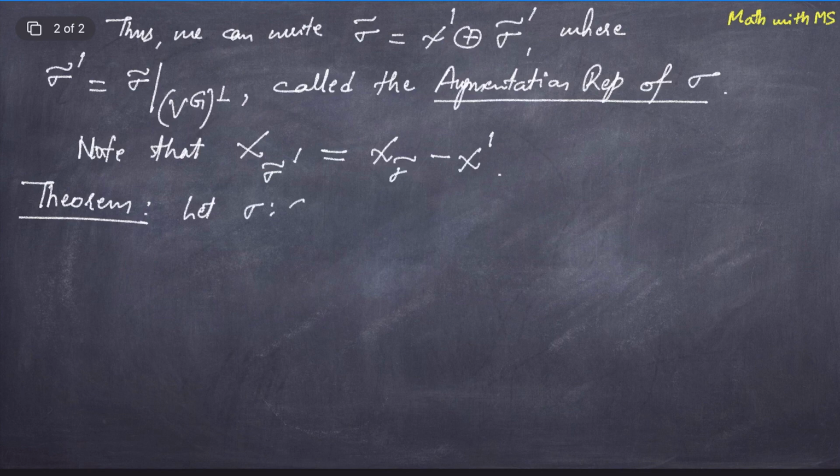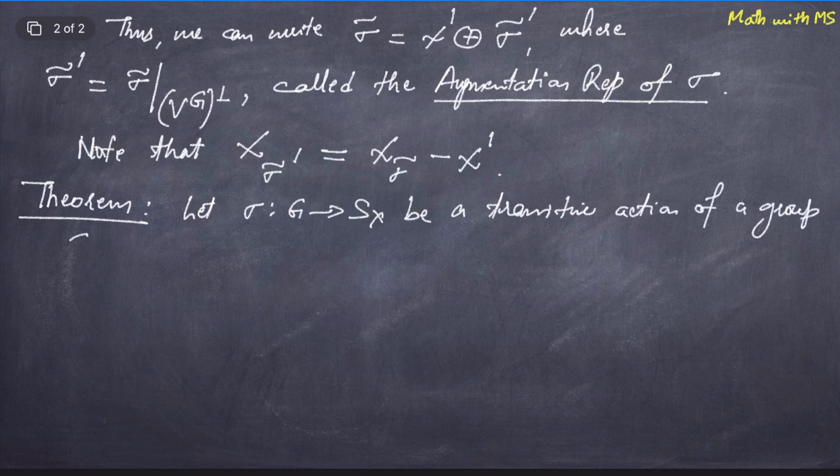Let sigma from G to S_X be a transitive action of a group G on a set X. Then we have the permutation representation, and since the fixed point set is one dimensional, there is a complementary representation, the augmentation representation, which has dimension precisely the cardinality of X minus one. And when is this representation irreducible? This is what this theorem says.